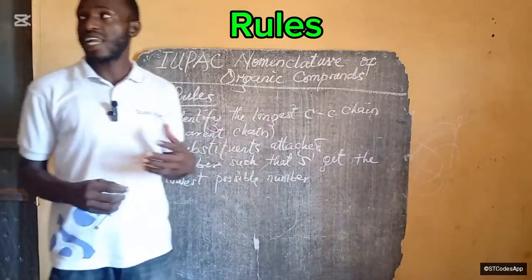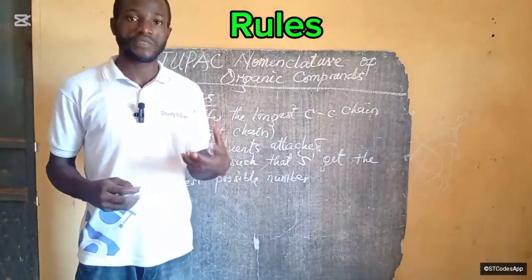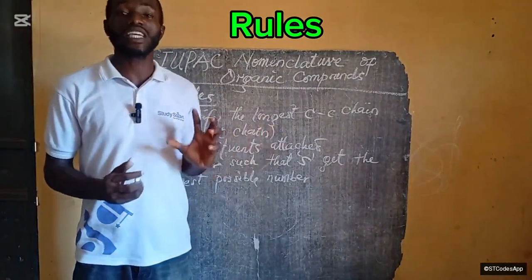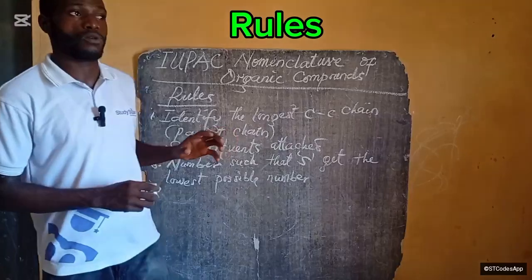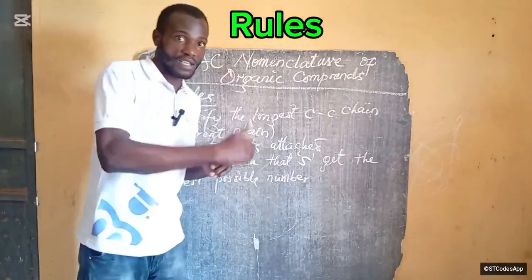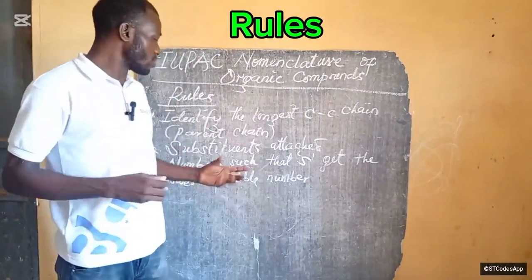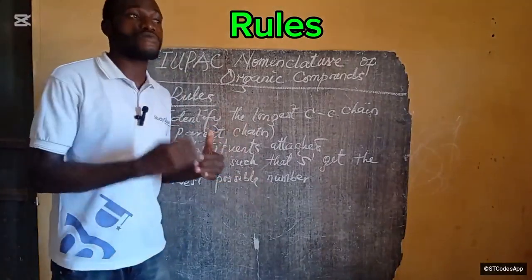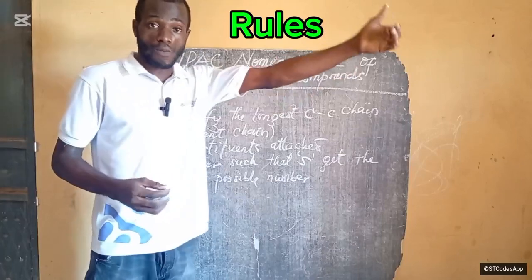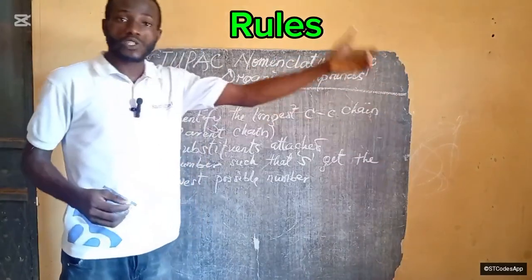Now, there are some molecules that have more than one substituent attached, or will have a functional group attached. If there is a functional group and a substituent, you will number in such a direction that will give the functional group the lowest possible number.